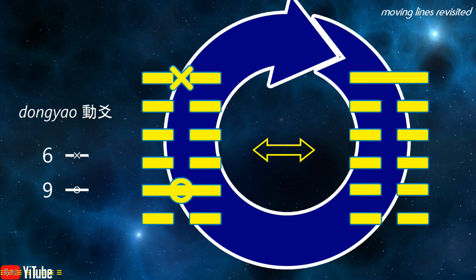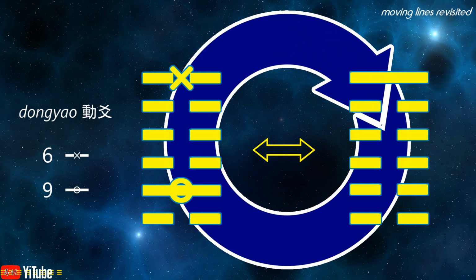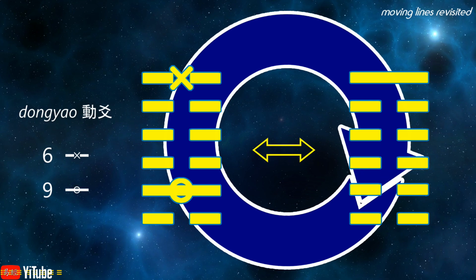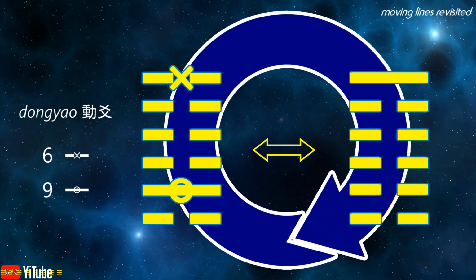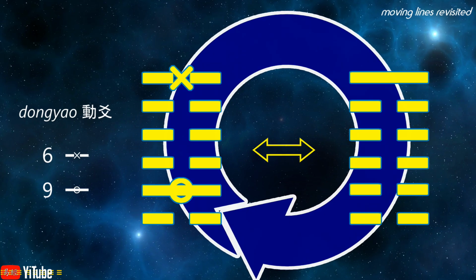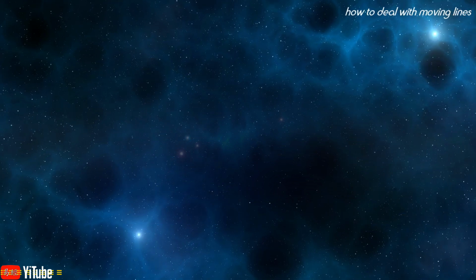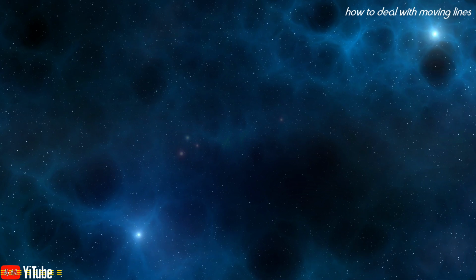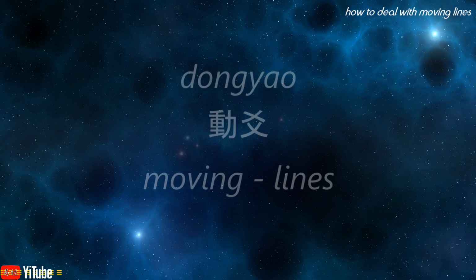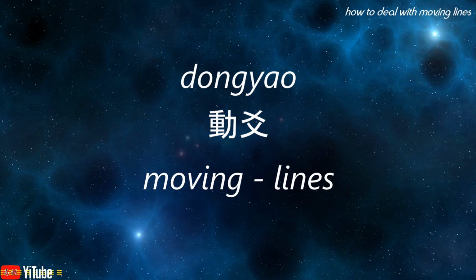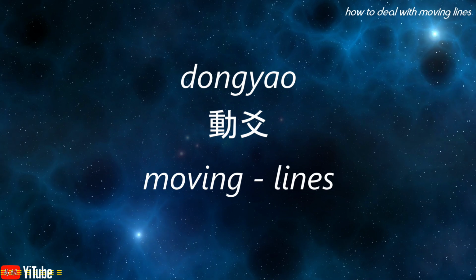As I have shown in my second video, this connection was not a one-way street from the first hexagram to the second. Yet this is how many I Ching books teach you the usage and value of moving lines. But what moving lines do can already be seen in the name Dongyao, moving lines. They move. There is movement at that position.